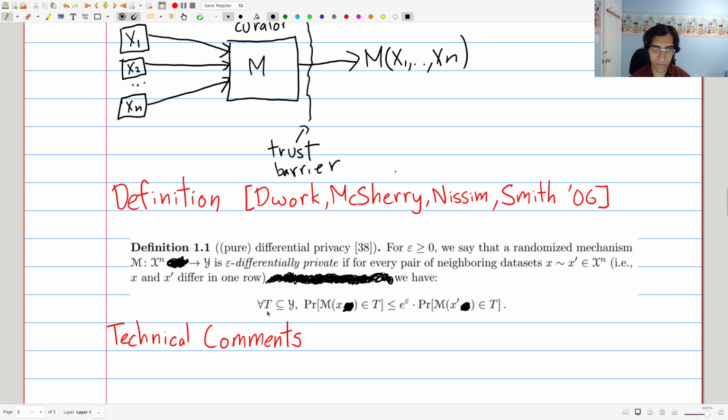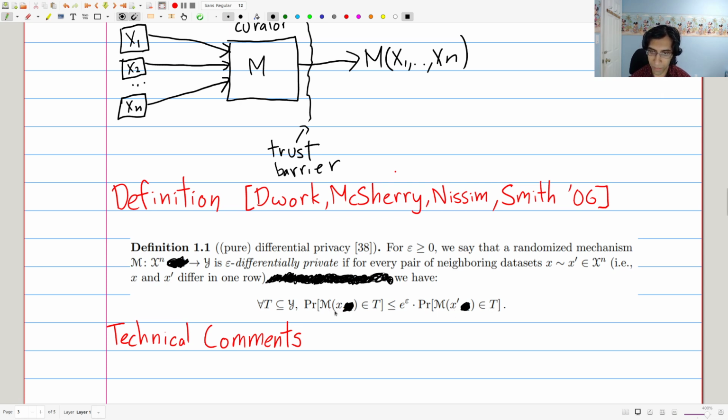For all events that could possibly happen, we're saying that the probability that that event happens under the data set x being fed in is going to be close to the probability of that event under the data set x prime being fed in.